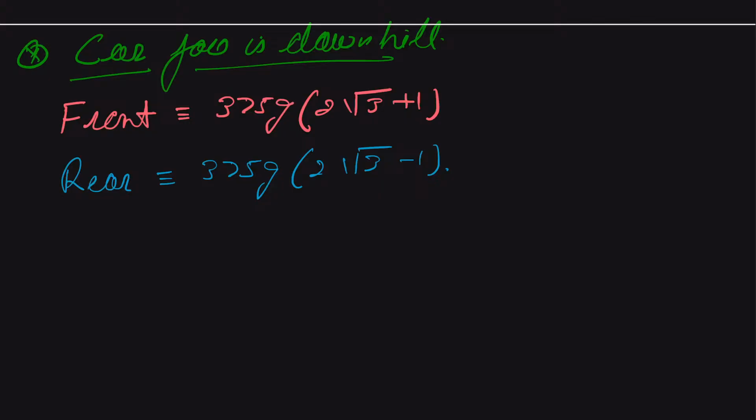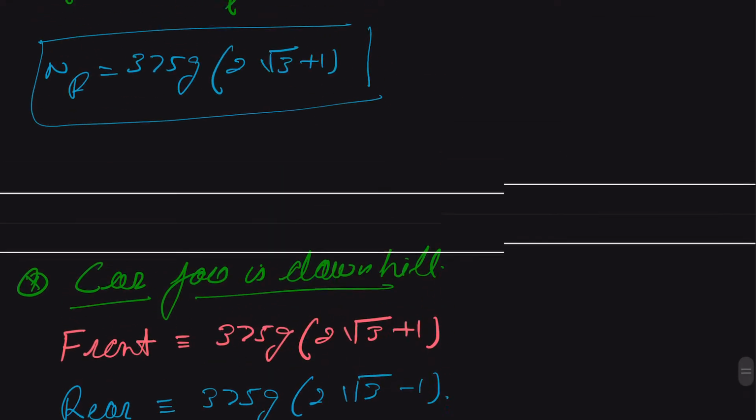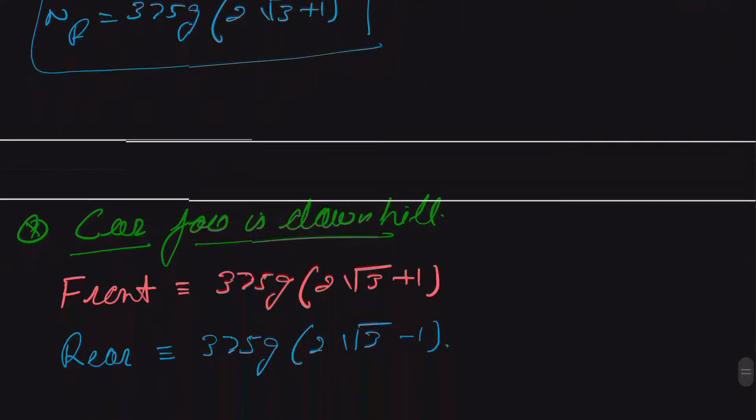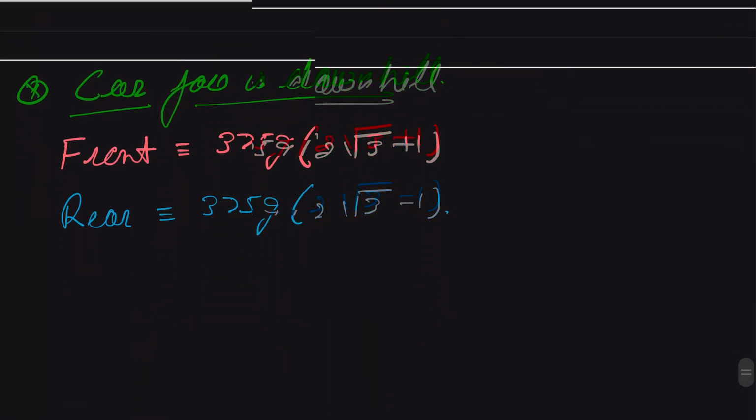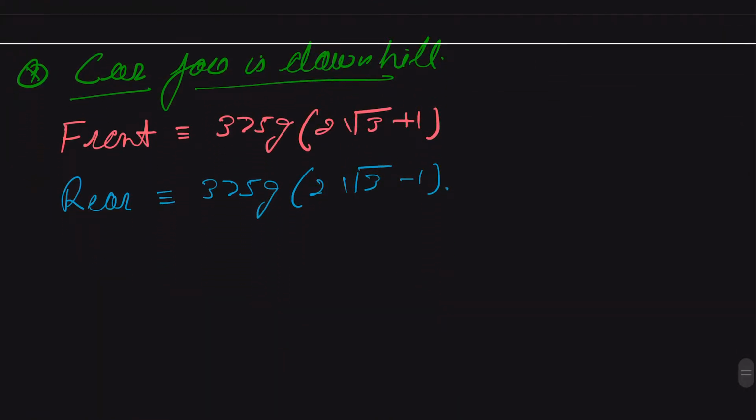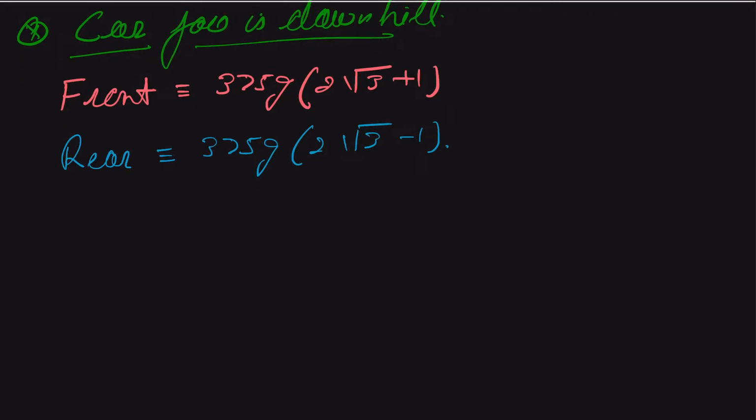So the only change is that the front and rear are going to interchange. And in this case also we can find the tipping angle, the angle at which it is going to lift. The calculation will be the same in both cases.